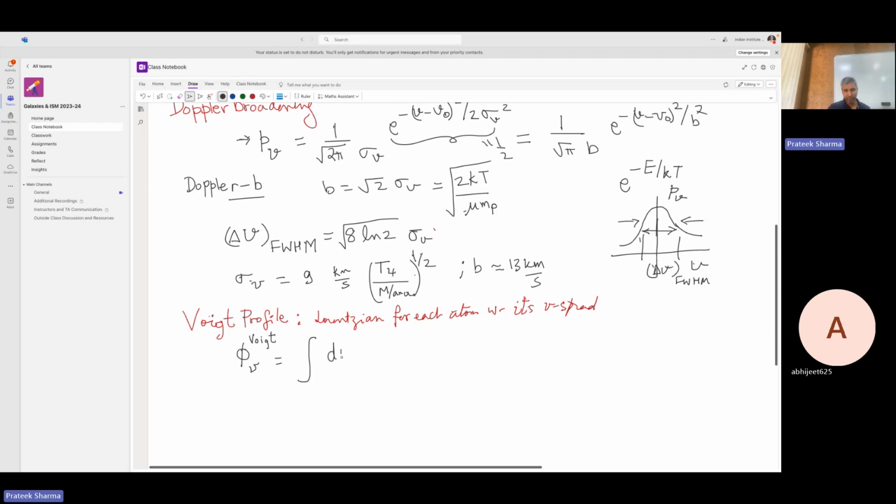The integral of dV times P(V), where P(V) is the probability distribution of line of sight velocities, times the intrinsic profile at a frequency nu minus nu UL times (1 minus V by C).